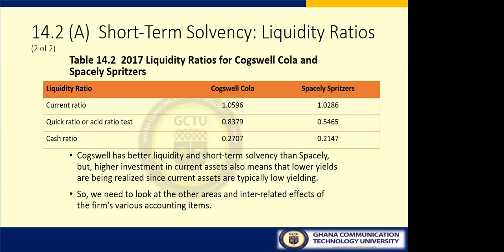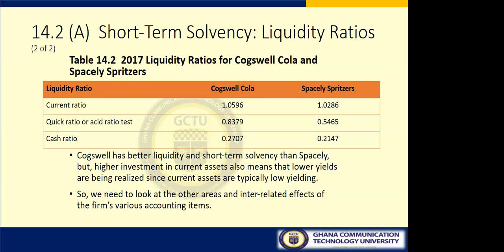The quick ratio of Cobweb Cola is higher than that of Spritzers because they have assets they can turn into quick cash to be able to pay their short-term loans better than the other company.